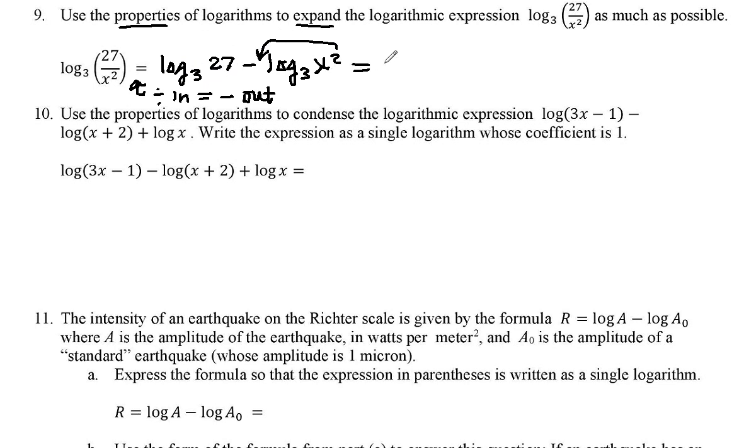So that's actually going to be 3. And then this 2 will come down in front, minus 2 log base 3 of x. Okay, inside exponents factor down is that second property. And that one's done. So it's expanded. Didn't get a numerical value because we don't know what x is.